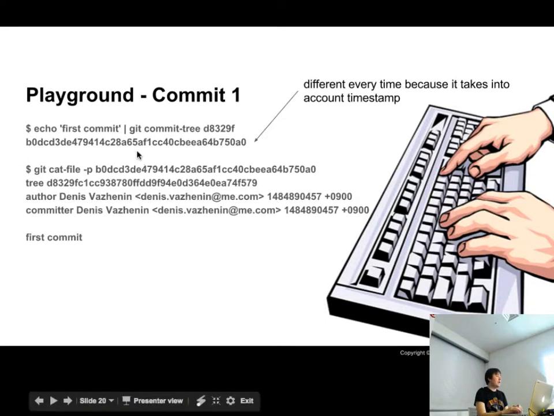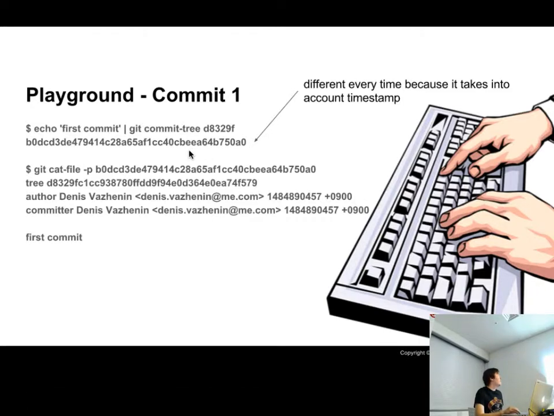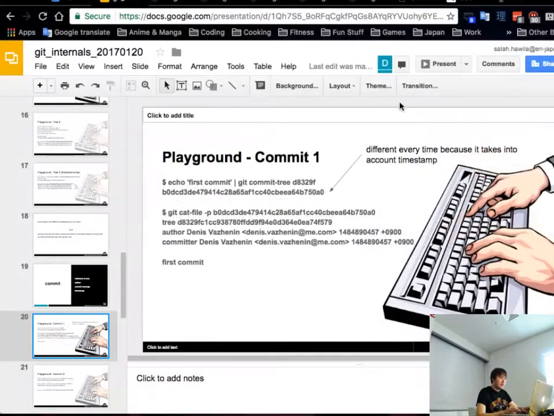But more importantly, I pre-calculated it here, but if I do it now in a console, the hash will be different because of the timestamp. Since it hashes based on the content, the timestamp will be different. So using this, I can create history, so to say, manually.